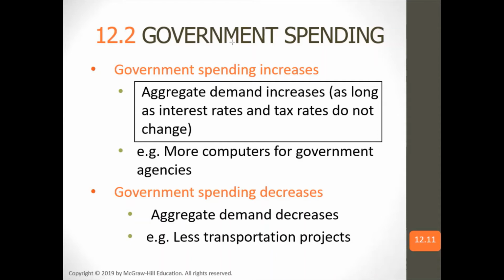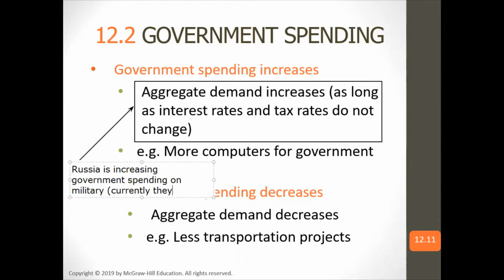That's important because this is kind of what's happening in Russia right now. Russia is increasing government spending on military, right? Currently they spend 67 billion on military each year. However, they are increasing interest rates.